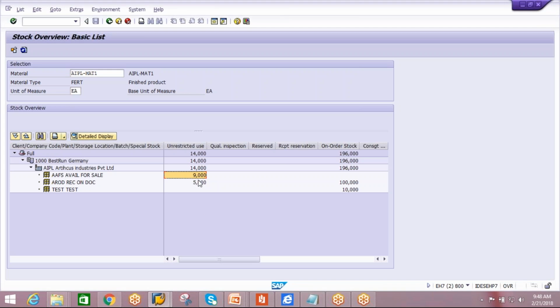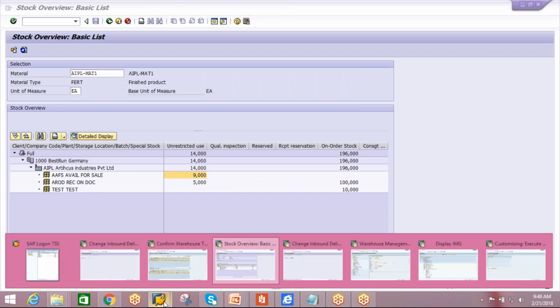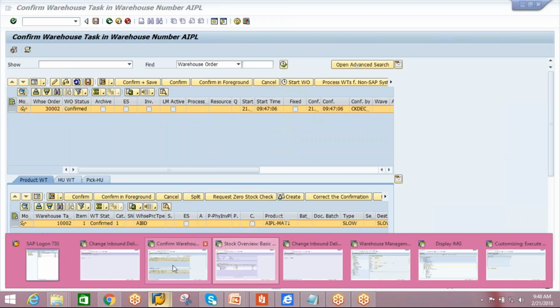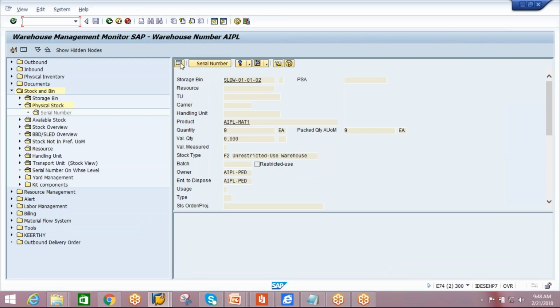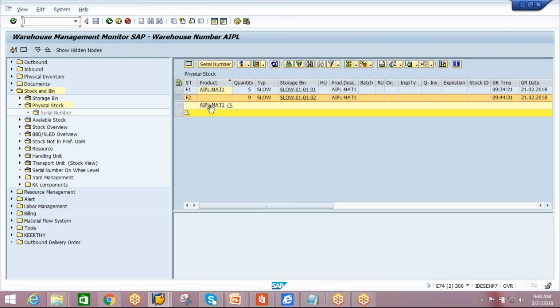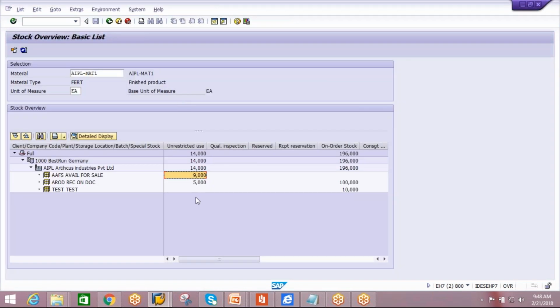Why it is updated, where it is updated, how it is updated. These are open questions. If you observe in our monitor, when the stock is showing as F1 stock type, it is in AROD storage location.